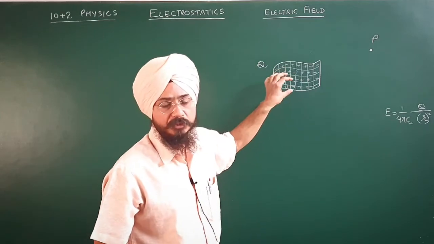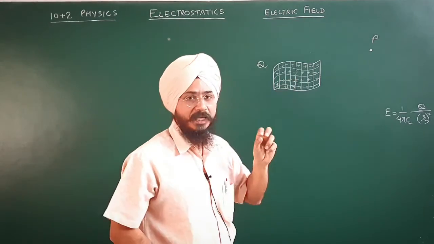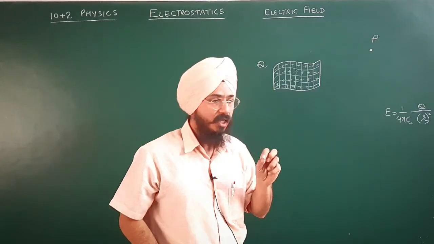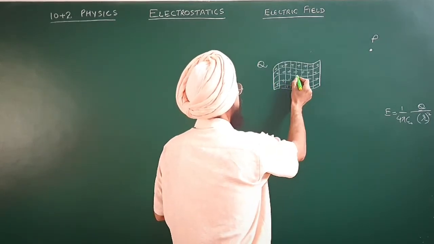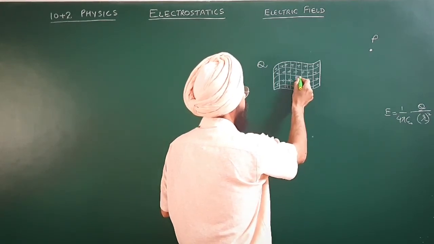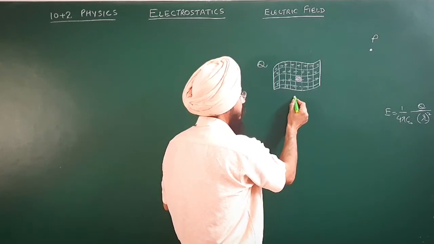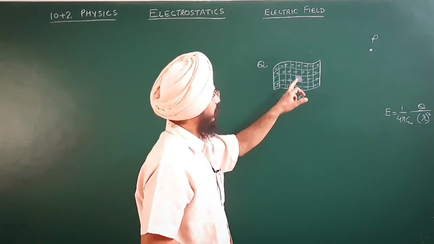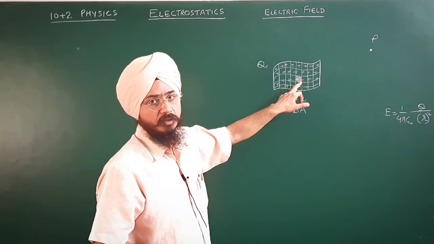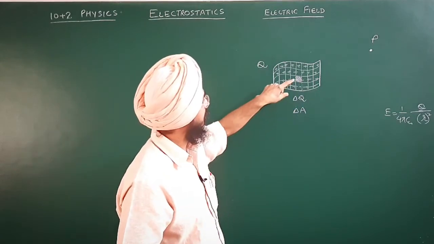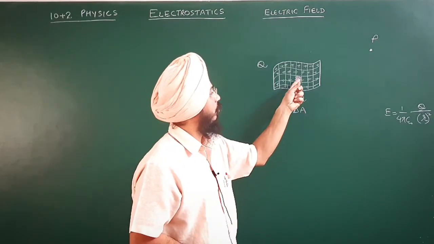I have made them a little bigger so that it will be clear to you, but the actual problem is solved by considering these portions as microscopic portions, each with a very small amount of charge. Suppose this area element, which I have shaded, has a charge delta Q on it, and it has the area delta A. So the total area is bigger, but we have considered a microscopic area element which has the area delta A, and it contains the charge delta Q.